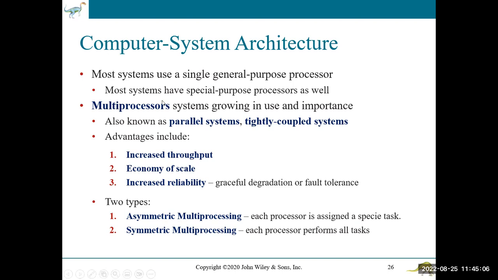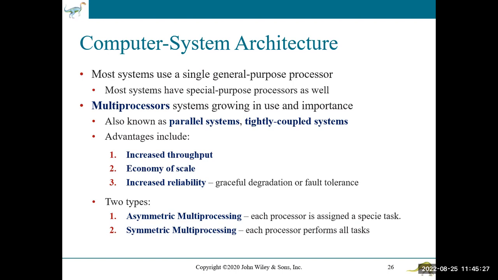The point is that you have more than one processor to compute with. This increases the complexity of operating system calls, obviously, because you can have these different types of operation.